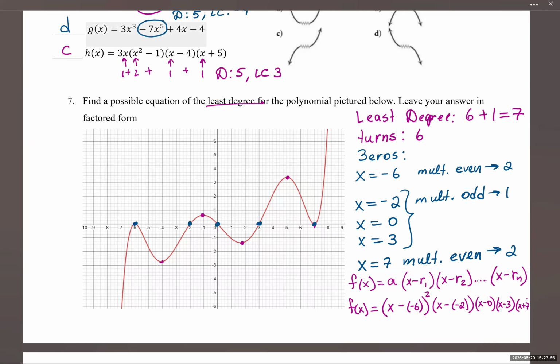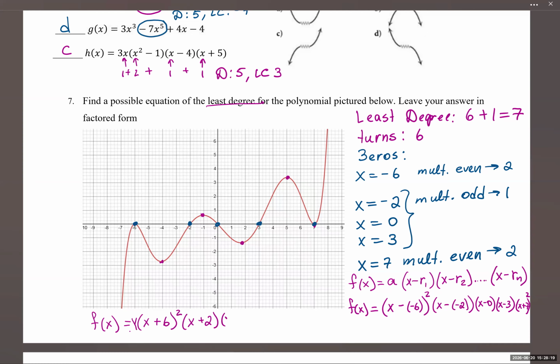I'm going to go ahead and put plus squared. Okay, let me clean it up a little bit. F of x equals, we have x plus 6 squared, the double negative becomes a plus. Then we have x plus 2 to the first power. Then x minus 0, we don't put x minus 0 in the middle usually.